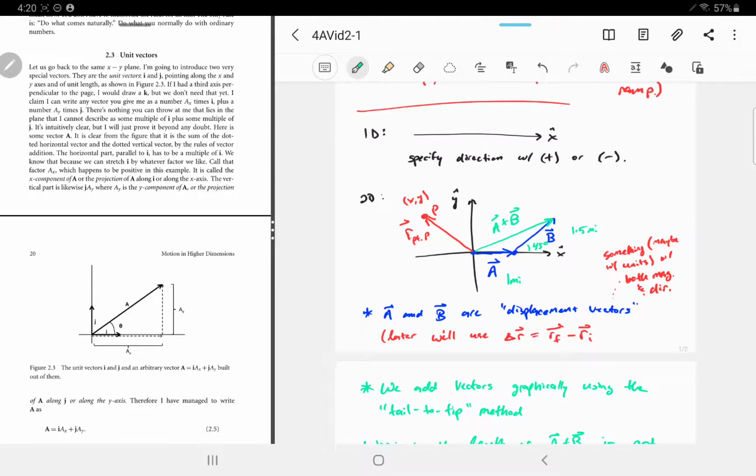We want to be able to talk about vectors more quantitatively so that I could know, for example, how far have I traveled from the origin to the end of point B? Not what distance have I traveled, but what's my overall distance from where I started? Notice how that's the magnitude of vector A plus B.